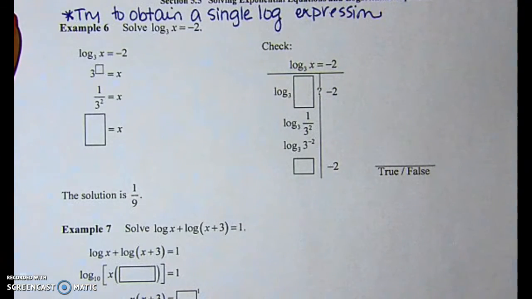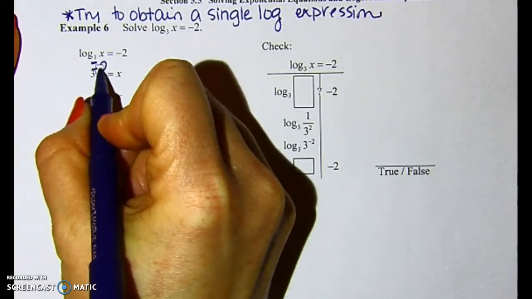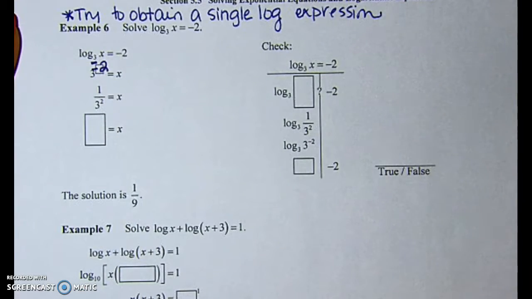So right now I have log base 3 of x is equal to negative 2. Well, if I were to write this in exponential form, I would have my base 3 to the power of negative 2 is equal to x.